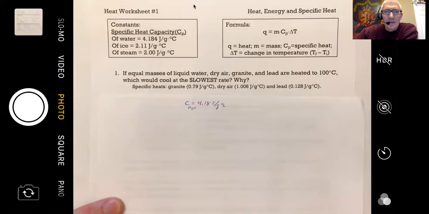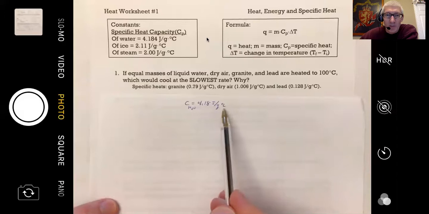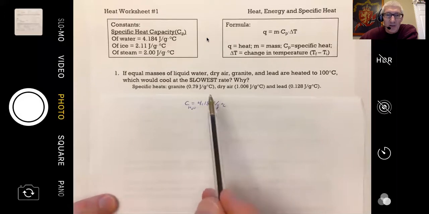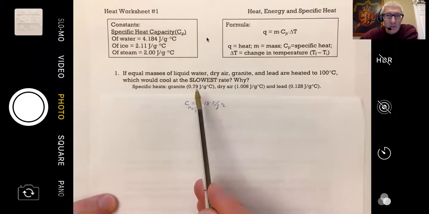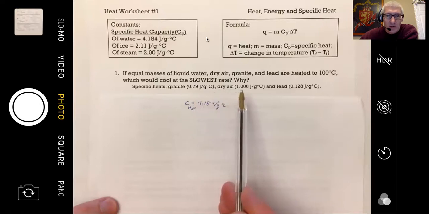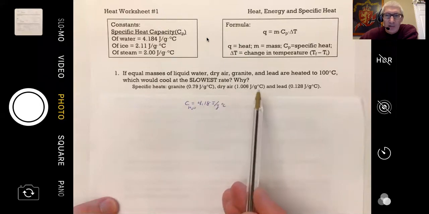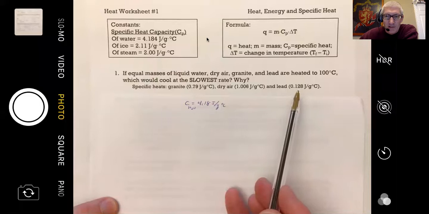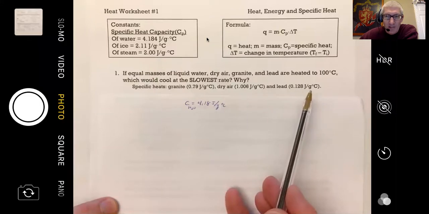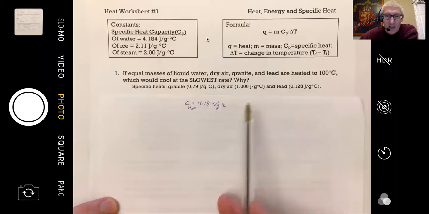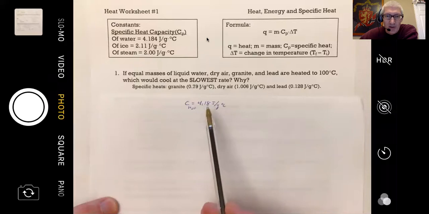Specific heat tells you how much heat is required to change 1 gram of substance by 1 degree Celsius. Granite only requires 0.78 joules of energy. Air requires a little bit more energy. Lead requires very little energy to change 1 gram of it by 1 degree Celsius, and water requires a huge amount of energy.